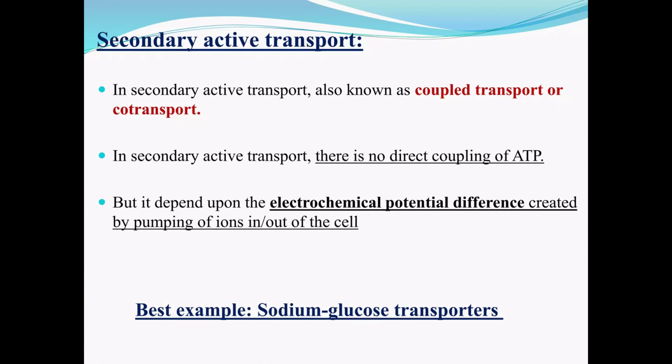So generally, secondary active transport doesn't require the coupling of ATP, but usually electrochemical potentials are generated when ions are pumped in and out of the cell. That electrochemical potential is what drives the movement of the molecules. And the best example of this is the sodium glucose transporters.